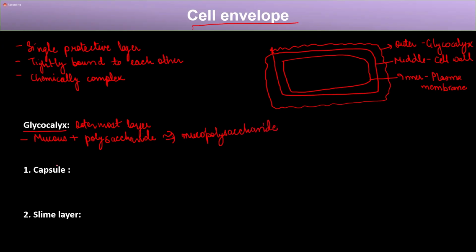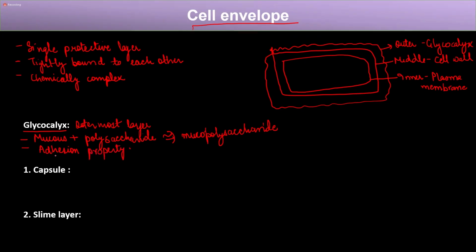What is its role? The role of glycocalyx is to provide adhesion. Since it has mucus, it has this sticky property, so it has this adhesion property.